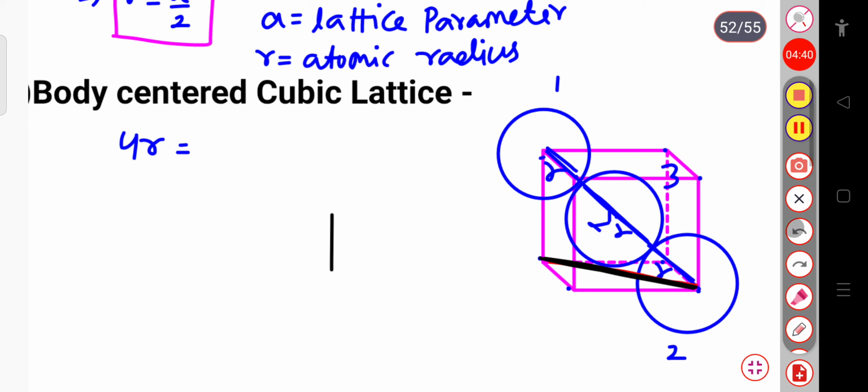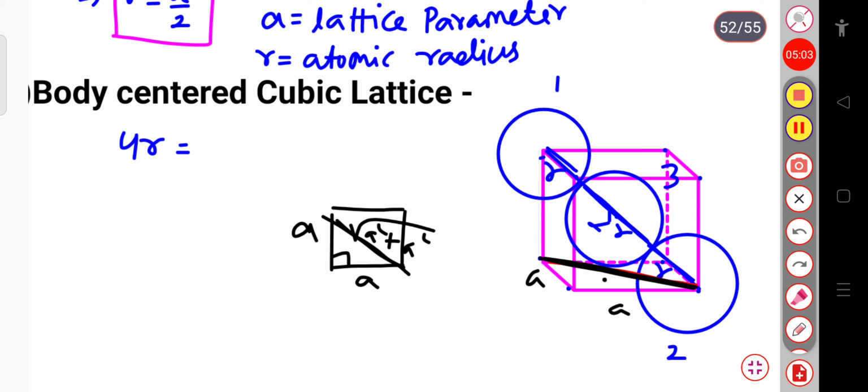This is actually a cube, so this side is a and this side is a. So for this diagonal, this angle is 90 degrees. According to the Pythagoras theorem, this will be the square root of a squared plus a squared, so that will be root 2 a. So this face diagonal will be root 2 a.